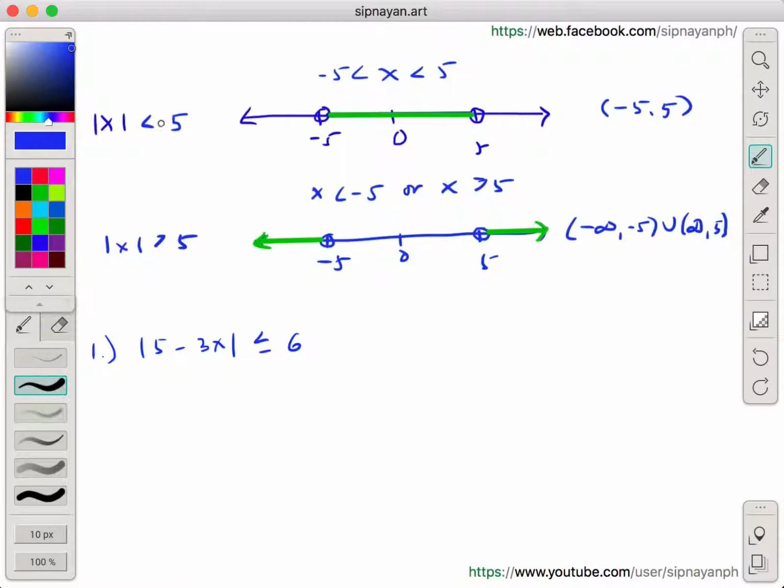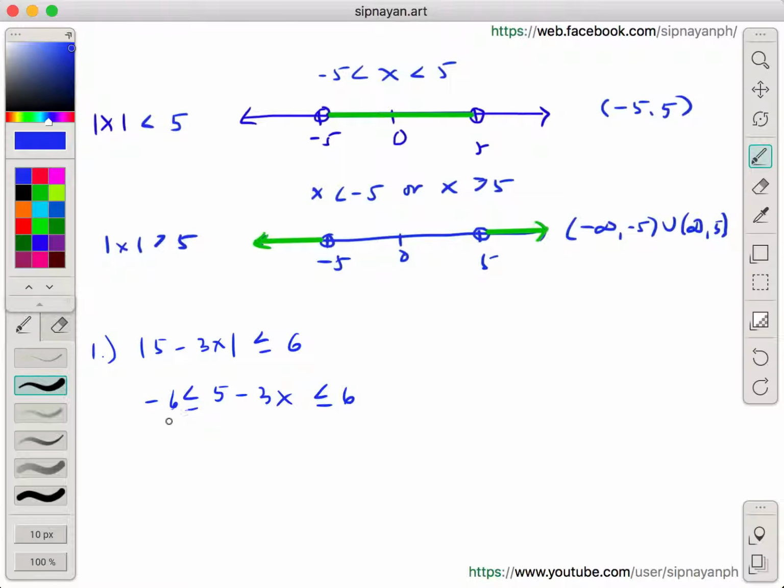So it is the same as here, it just has an equal sign. So this is our form: the middle is the expression, then we have 6 on one side and negative 6 on the other side. So it becomes 5 minus 3x, removing the absolute value sign like here, and we have less than or equal to 6, and greater than or equal to negative 6.